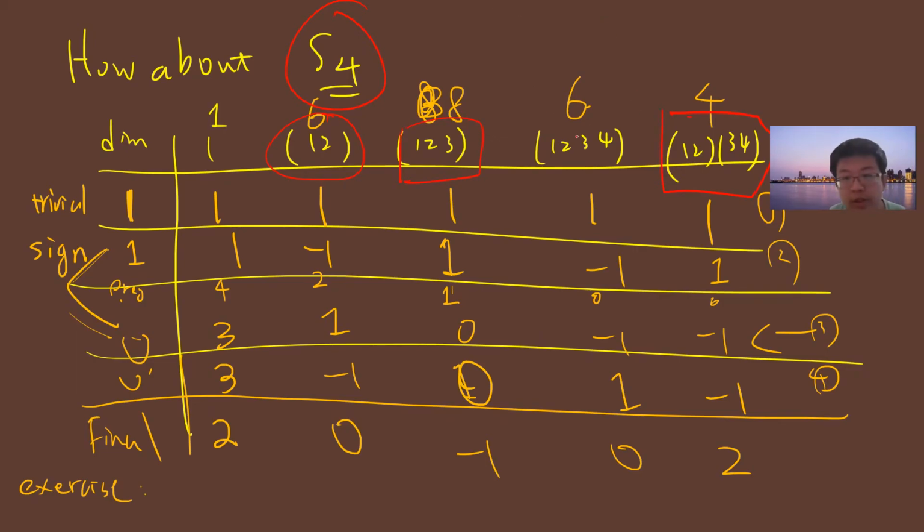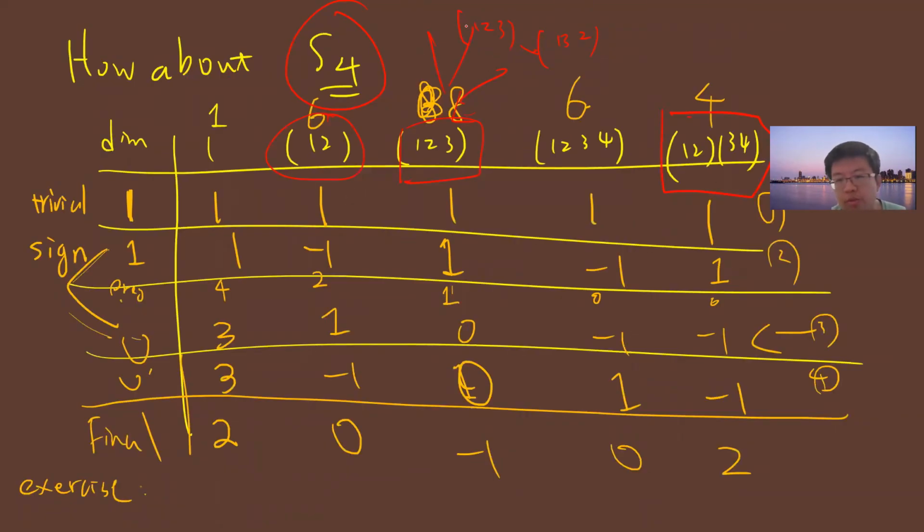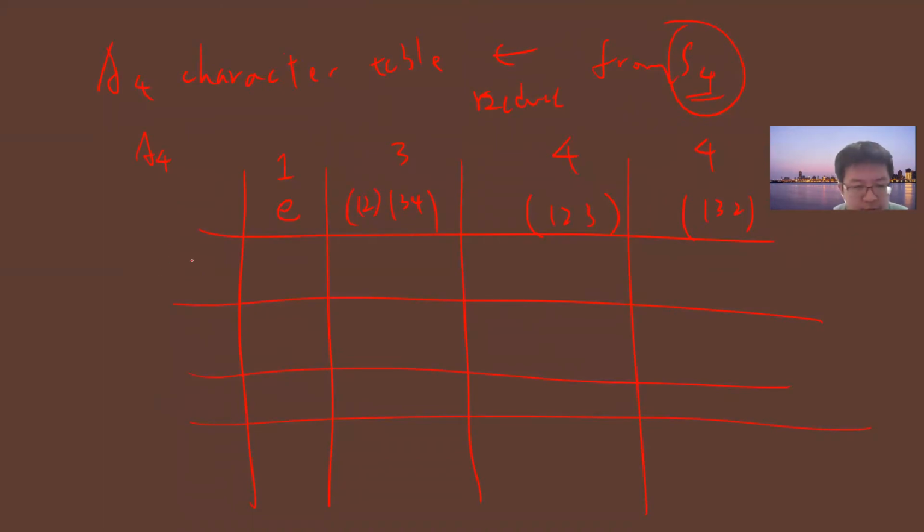But remember that the 3-cycles 1, 2, 3 are conjugate in the conjugacy class of S4, but in A4 they can be different. So these two are different. That means you get the identity, the 2-2 cycles, the 1, 2, 3 and the 1, 3, 2. The number of identity is 1, and the double transpositions are still 3, and then you get 4, 4. So the class splits into 2.